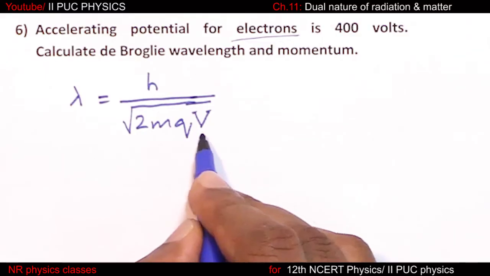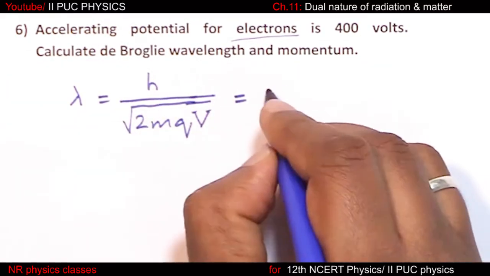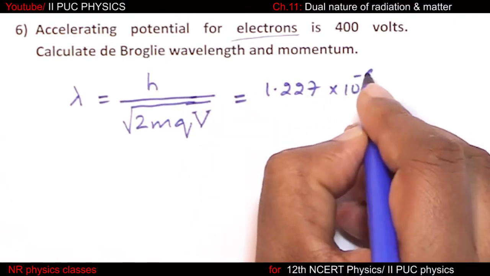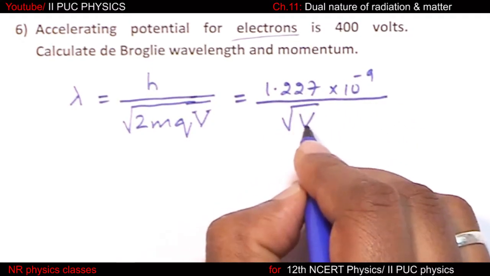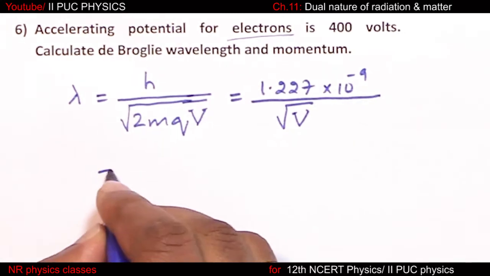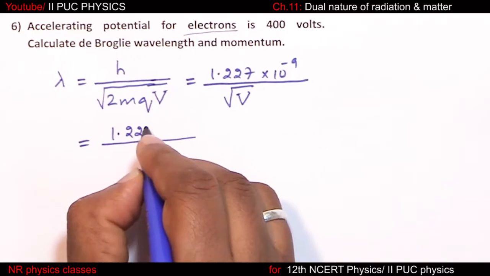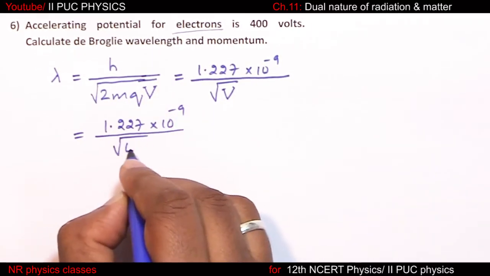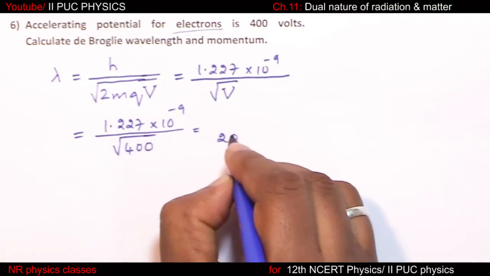But for an electron, this is simplified to 1.227 × 10 power minus 9 by root of V. This equation is only for electron. Equal to 1.227 × 10 power minus 9 by root of 400. Root of 400 is 20.